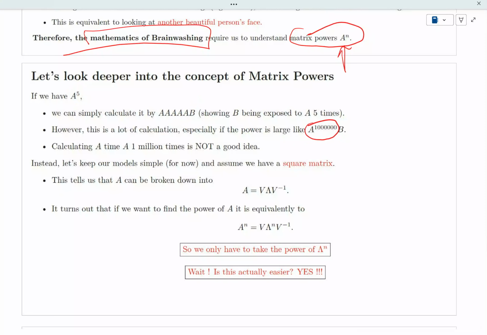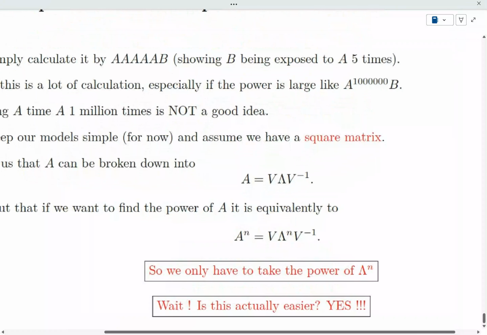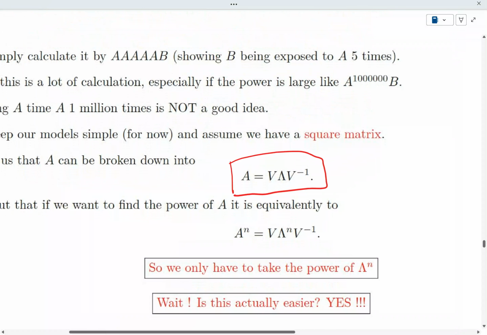Instead of doing it this way, let's keep our model simple. Instead of talking about a non-symmetric matrix, let's assume again that we are dealing with a symmetric and square matrix. And therefore it implies that we could break the matrix down into this relationship we learned previously. We could break a matrix down into its various components.